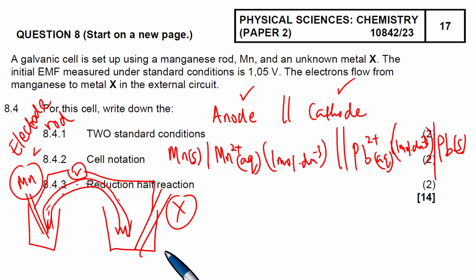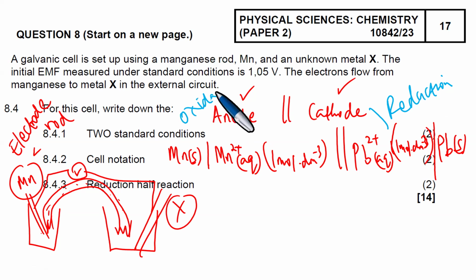And then in the next question, 8.4.3, you need to write the reduction half reaction. What is the reduction half reaction? Because this one is the anode, the cathode is associated with what? With reduction. So in the cathode, reduction takes place, and in the anode, oxidation takes place.